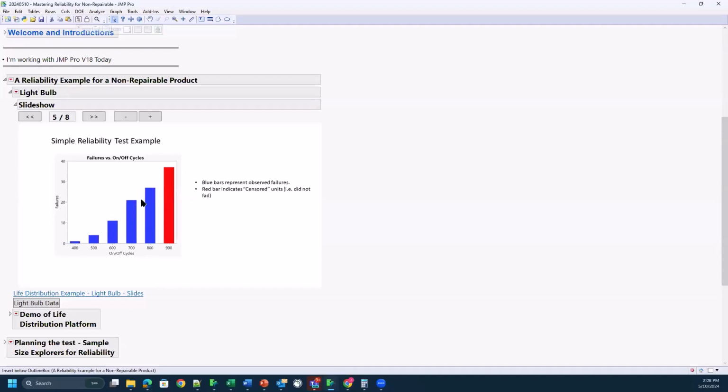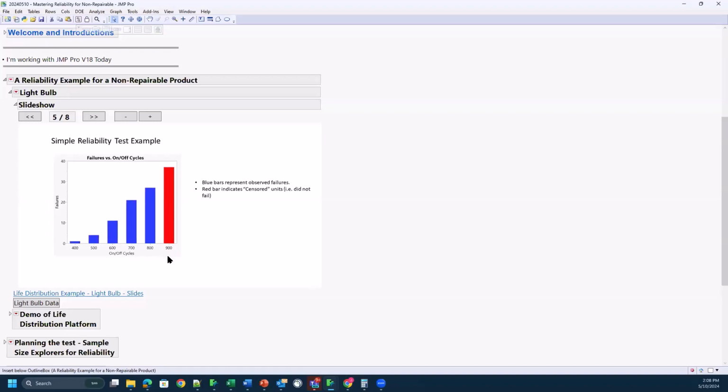Maybe we could fit a distribution to these 100 minus 37, 63 bulbs that failed during the test. But that'd be cheating. That's going to make our assessment look too low. The number we get out of that, however you do it, is going to be too low because we had bulbs that went at least a little longer, maybe way longer than 800 cycles.